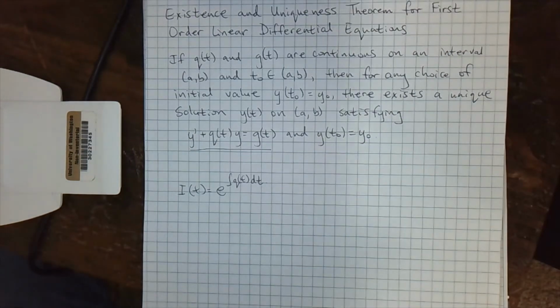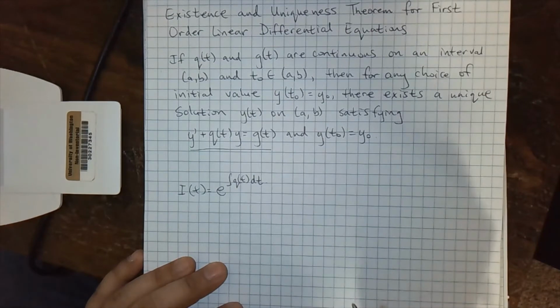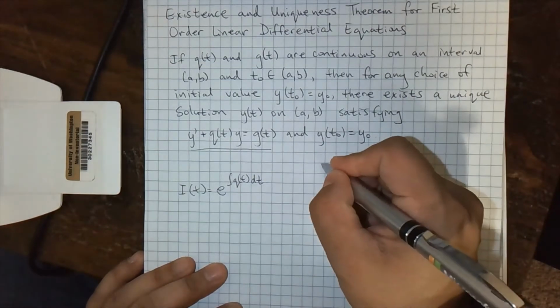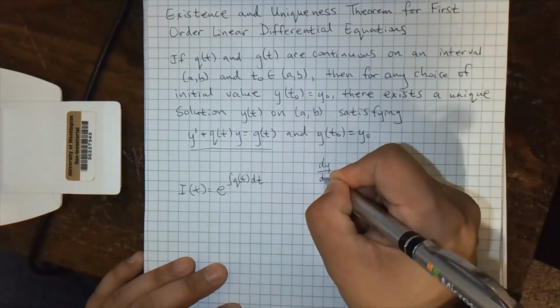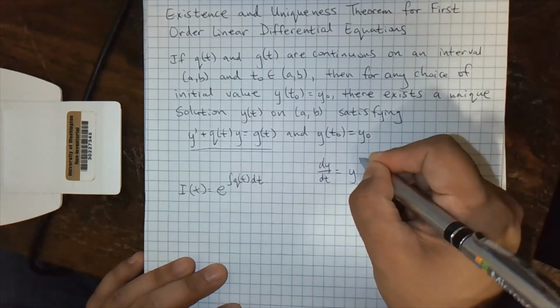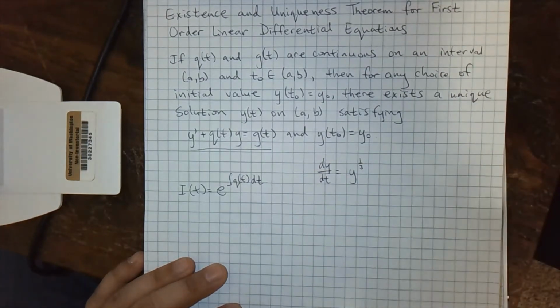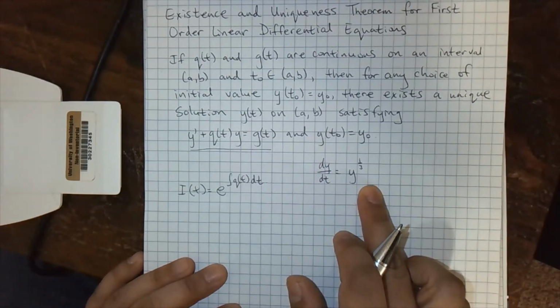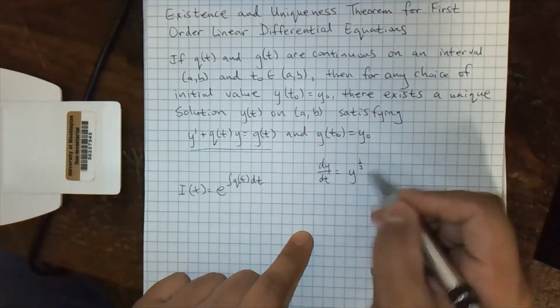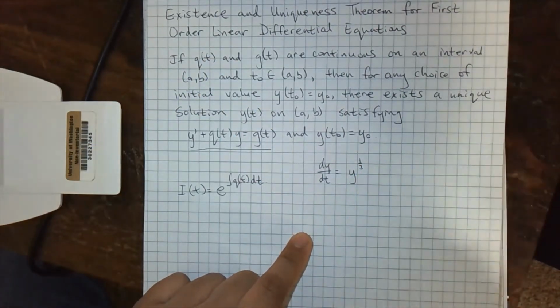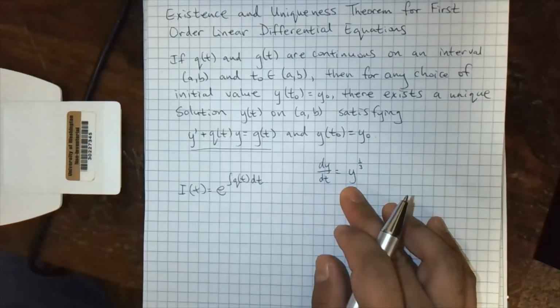As a further illustration of why an existence and uniqueness theorem is important, I'm going to show you a differential equation that does not have a unique solution. It's this one: dy by dt is y to the 1/3. Notice this is not a linear differential equation because y to the 1/3 is not a linear function, so the conditions of the theorem do not apply.